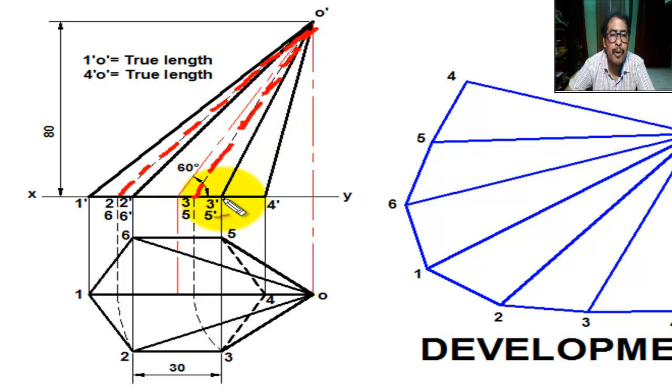This is the true length of 3 dash O dash or 5 dash O dash.